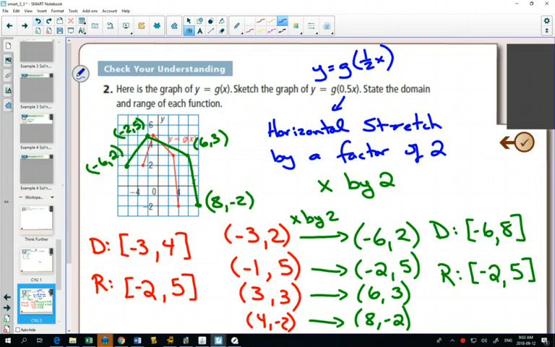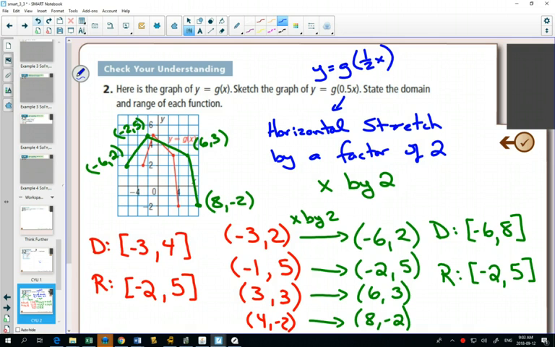Yeah, I know that part, I just don't know how you know if it's going to compress or stretch. How to stretch or compress? Anytime that you're multiplying the x by a number bigger than 1, so here we're multiplying x by 2, we're going to say stretch. Anytime that you're multiplying by a fraction, we're going to say compress. And that's for vertical or horizontal.